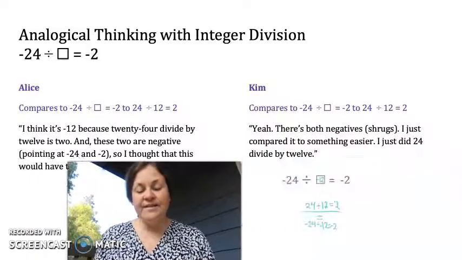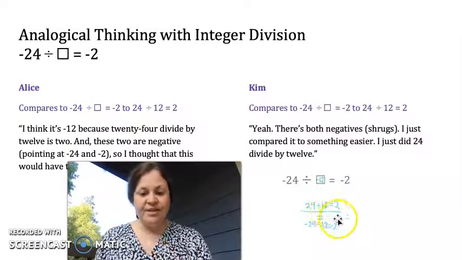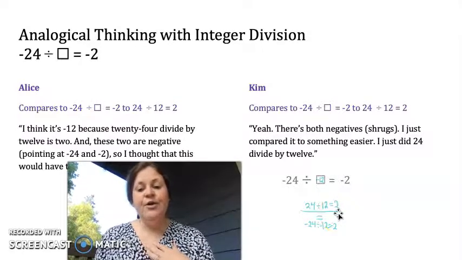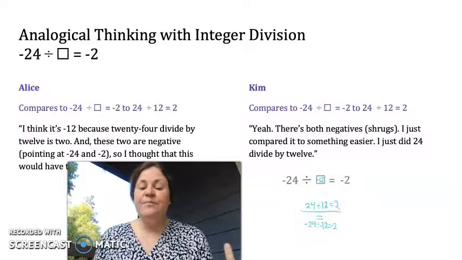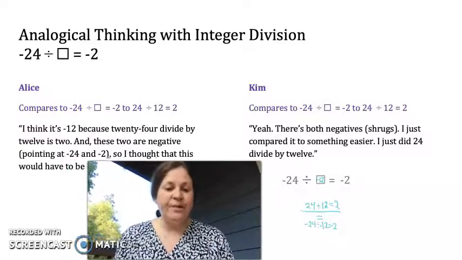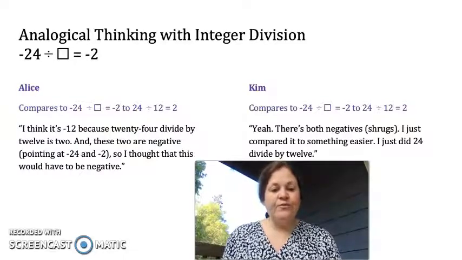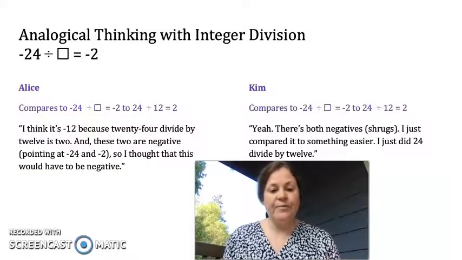Kim provides a nice visual representation here where she actually writes out her analogy. Kim says, yeah, there's both negatives. I just compared it to something easier. I just did 24 divided by 12. And Alice says, I think it's negative 12 because 24 divided by 12 is 2. These two are negative, so I thought it would have to be negative.